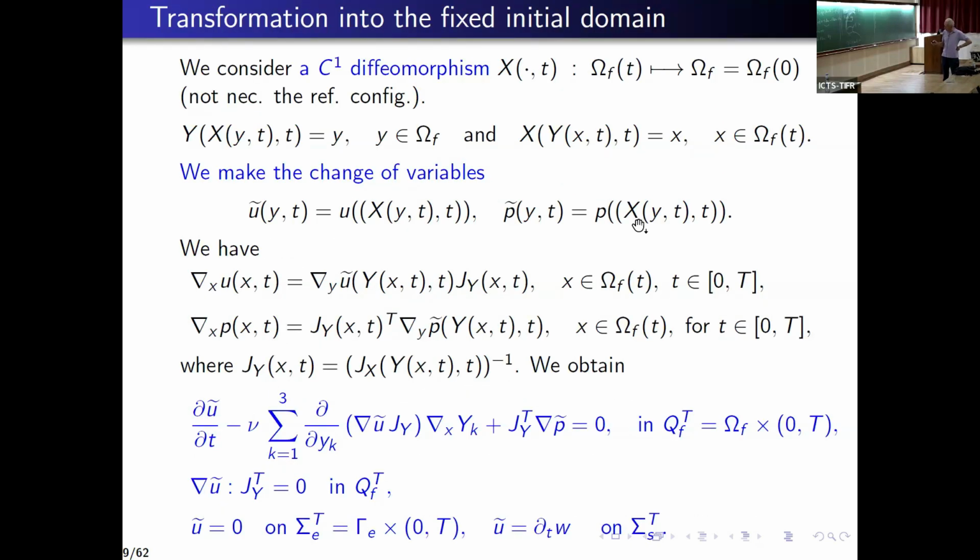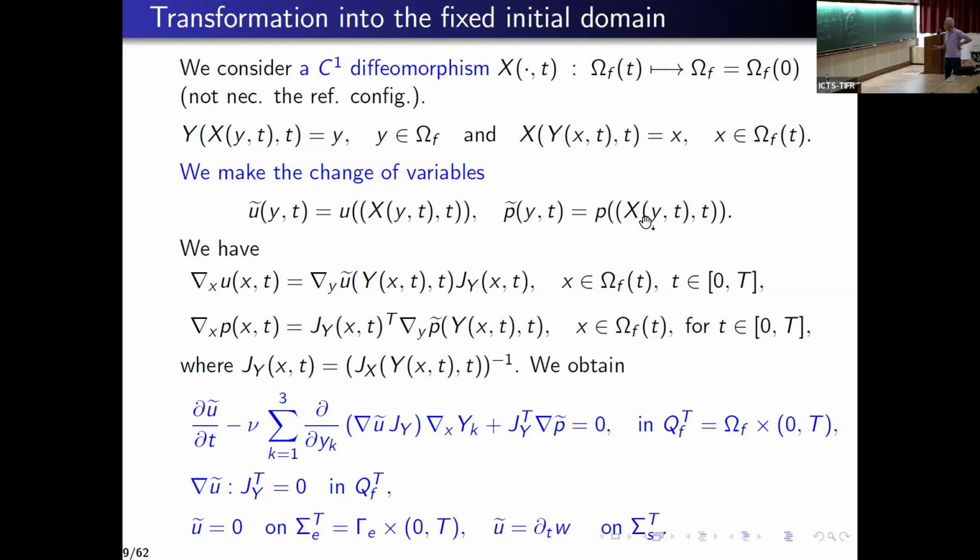Because X starts from Y, which is in the initial configuration, up to the deformed one. Okay? So you have to take here omega f0 here and omega ft here. So now I assume that X is known and it's a diffeomorphism, so its inverse is also known.